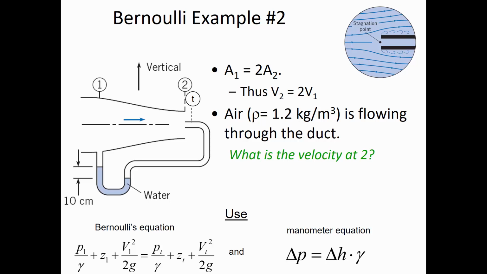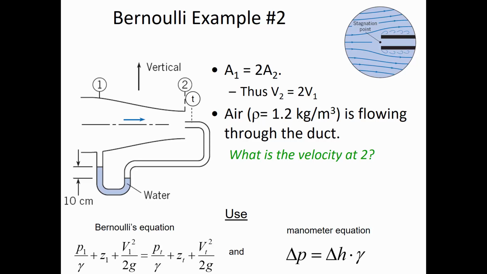We see 10 centimeters, so that's 0.10 meters. And the unit weight of water is 9810 newtons per meter cubed. So it's 981 newtons per meter squared. That's how much the pressure changes between 1, which is at the center of the pipe, and on the inside of the tube.